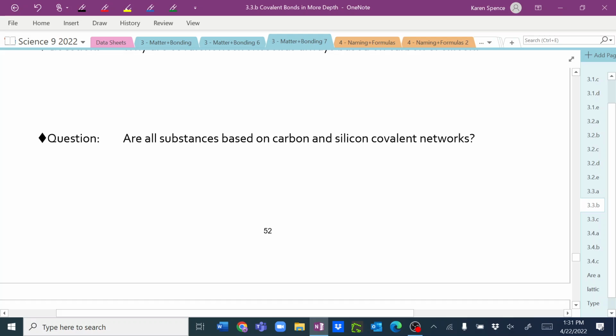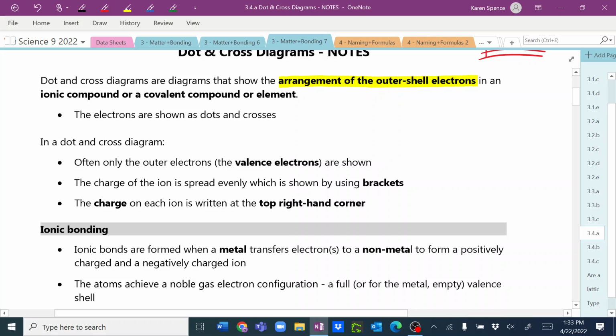We don't worry about those core electrons. We only draw the valence shell. So you don't have to be drawing 3 circles if you've got 3 shells. You just draw the outer shell, which is kind of nice. We also don't worry about how many protons and neutrons are in the nucleus. We just write the element symbol in the nucleus.